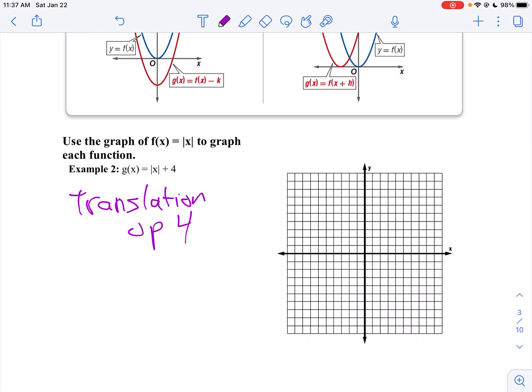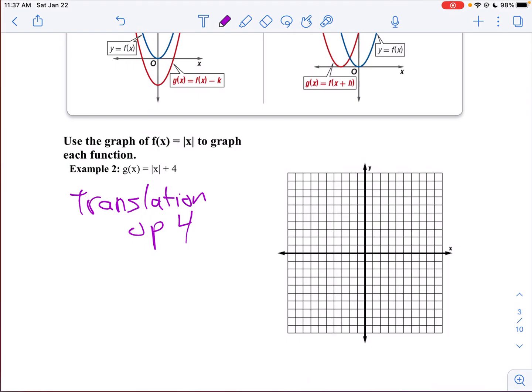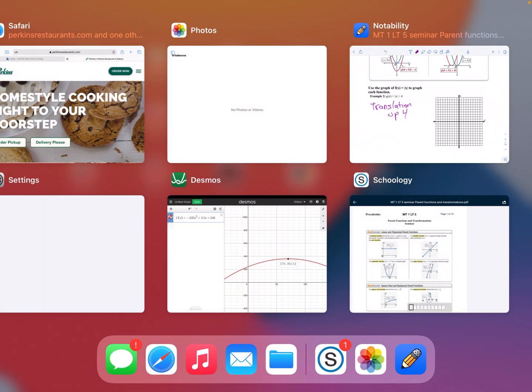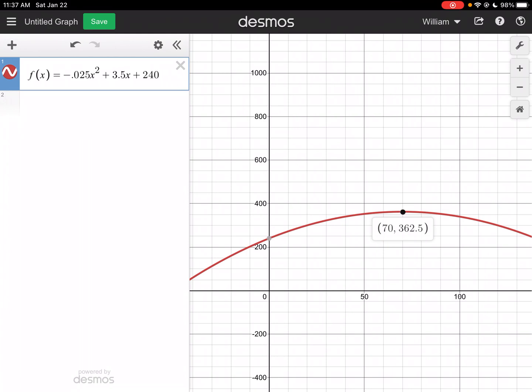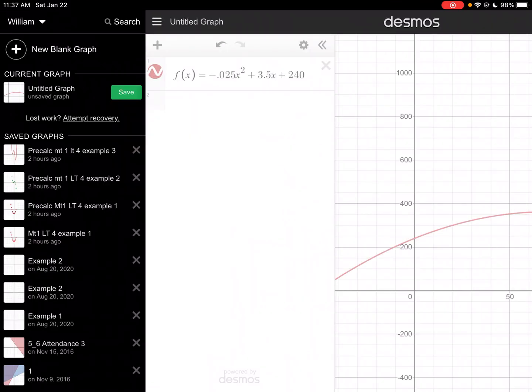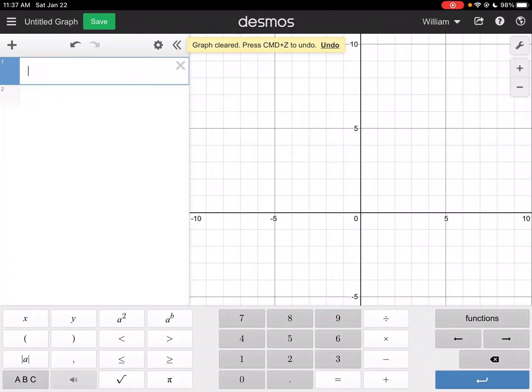I think I'm going to put this on Desmos because it's a lot easier to see with the different colors. So I'm going to make a new graph here. What I'm going to do is keep my first line exactly as is: y equals the absolute value of x.